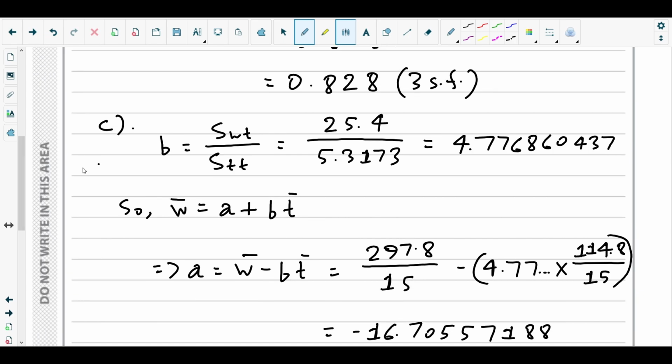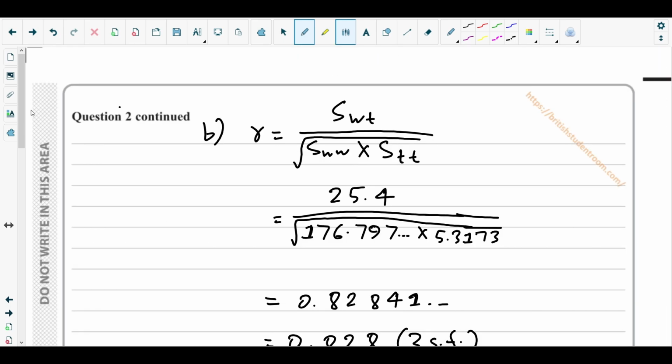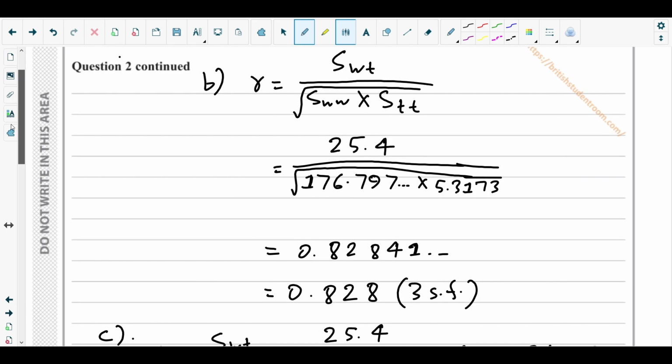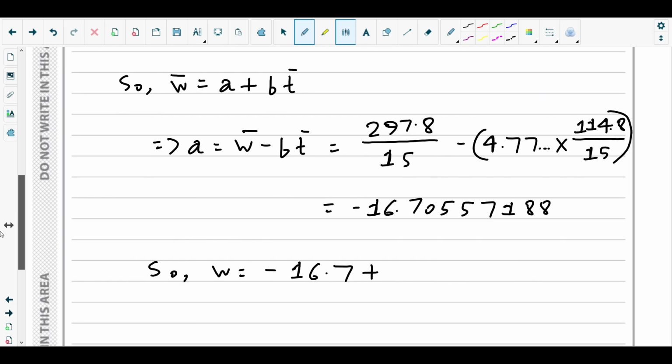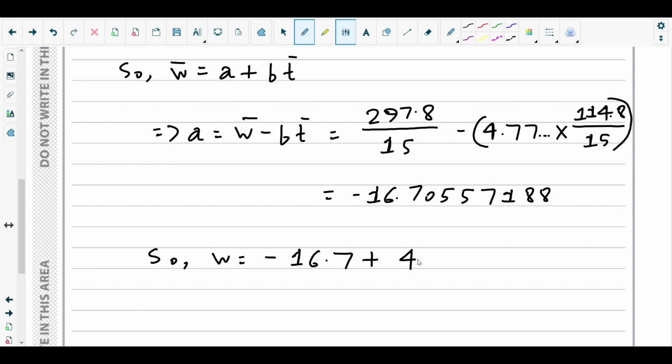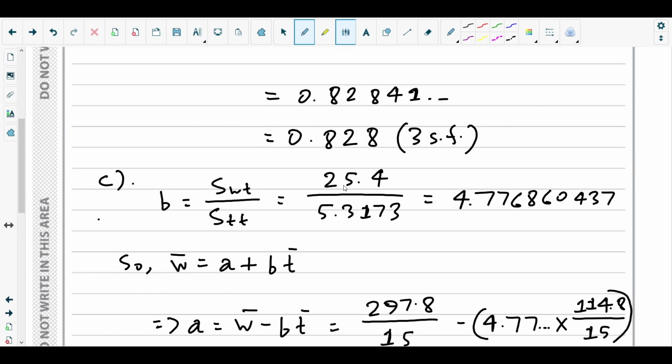But they said 4.77. This is because we considered the rounded value for S of WT. If you use the exact value, you will get 4.77 T. That's why I said try to use the exact value for the statistics, for getting an accurate answer.